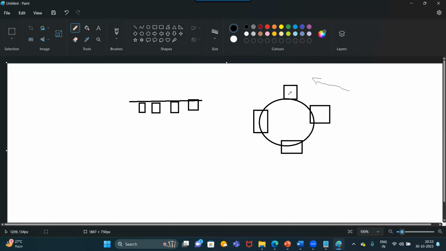For example, this is PC A. This is my PC B. If PC A wants to transfer the data to PC B, first it will send the request to the ring.